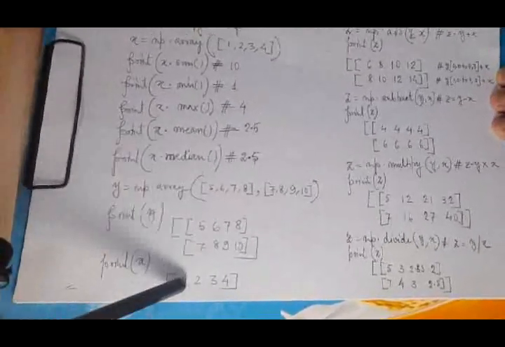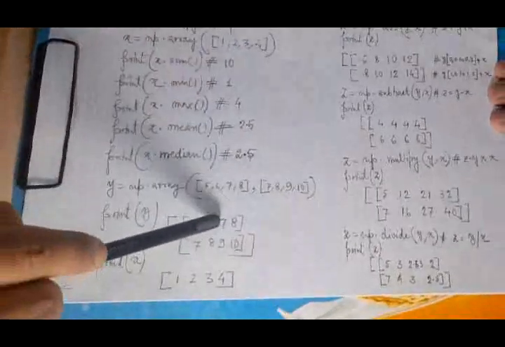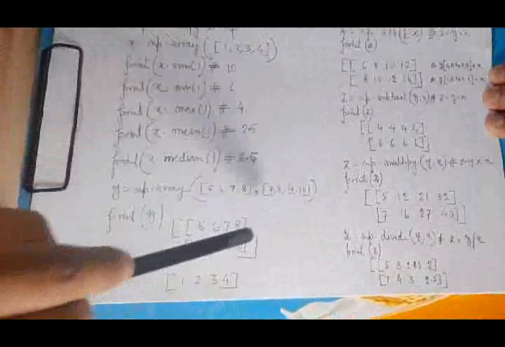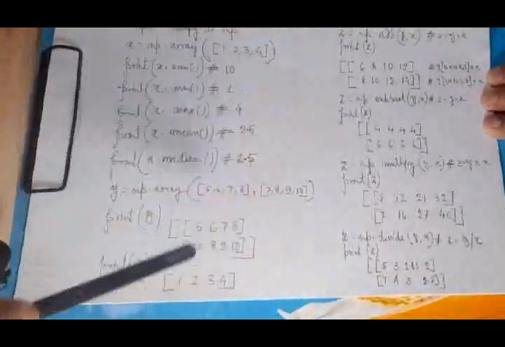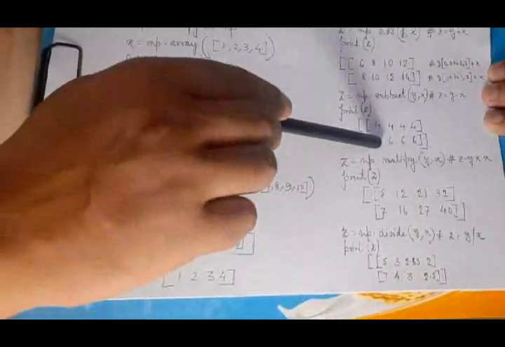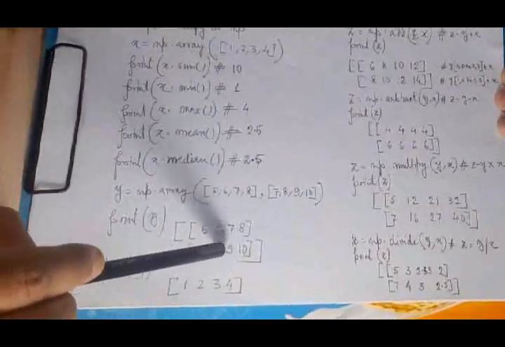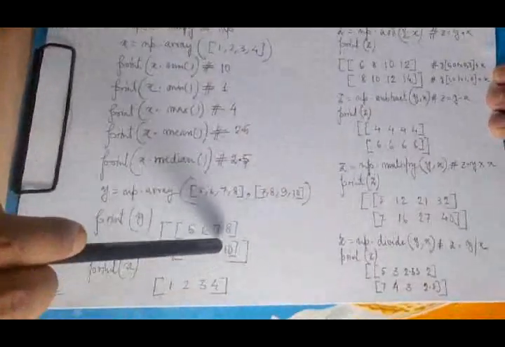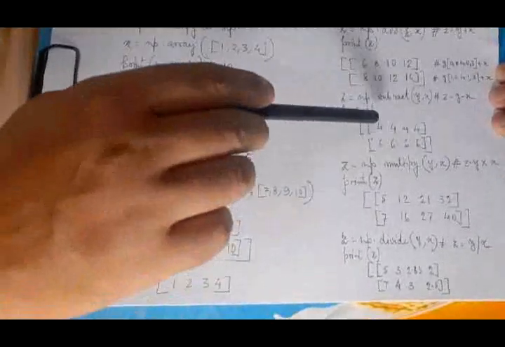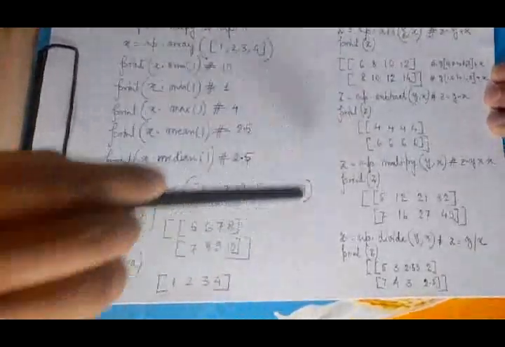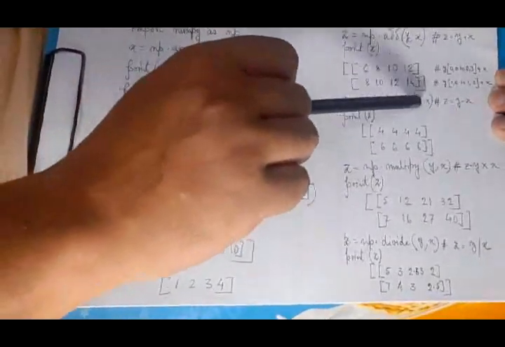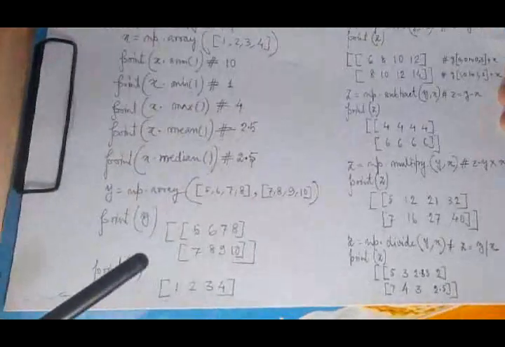So 5 minus 1, 4. 6 minus 2, 4. 7 minus 3, 4. 8 minus 4, 4. Then 7 minus 1, 6. 8 minus 2, 6. 9 minus 3, 6. 10 minus 4, 6. So this is the output of subtraction, np.subtract(y, x). Clear?